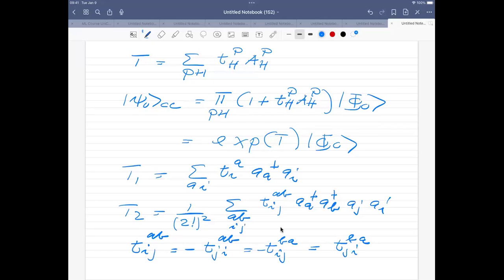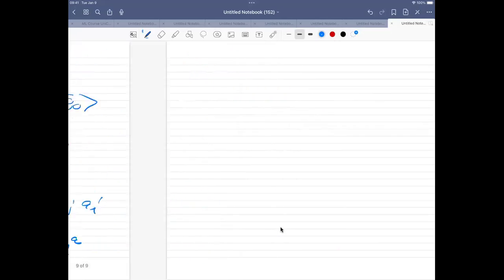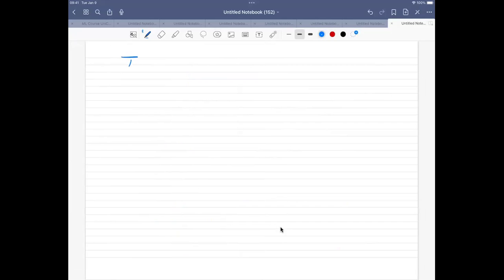Now, another very popular amplitude, which is used in quite many applications, in nuclear physics in particular because we have important three-body contributions, is T3. This is going to be given by 1 divided by 3 factorial, which is 6, and that is squared, which is 1 divided by 36.